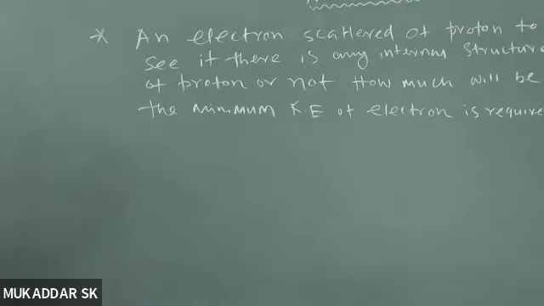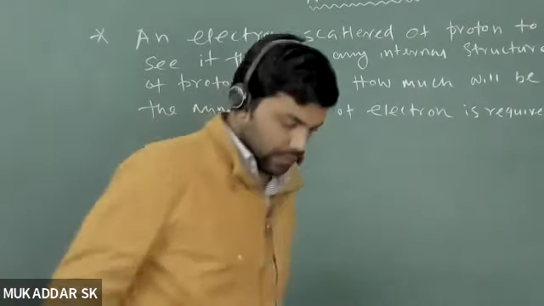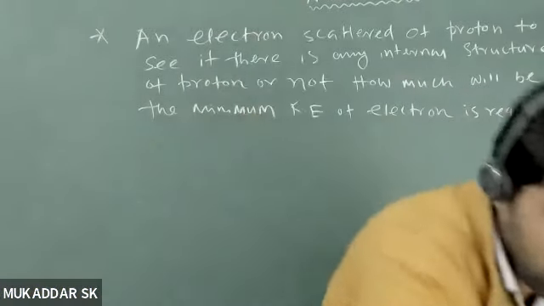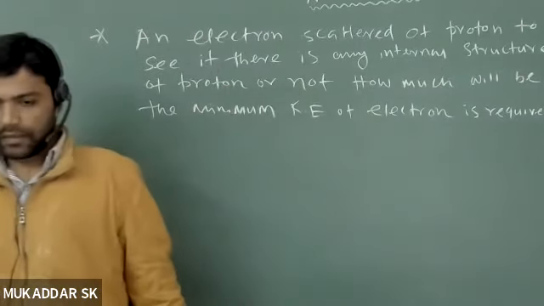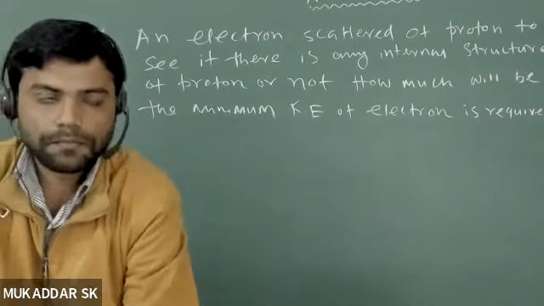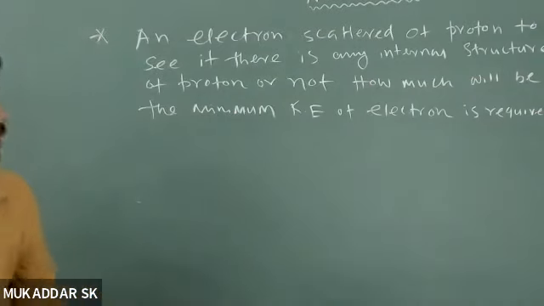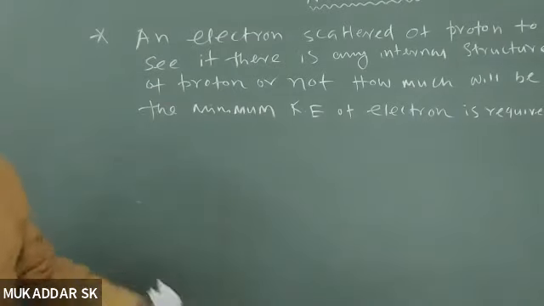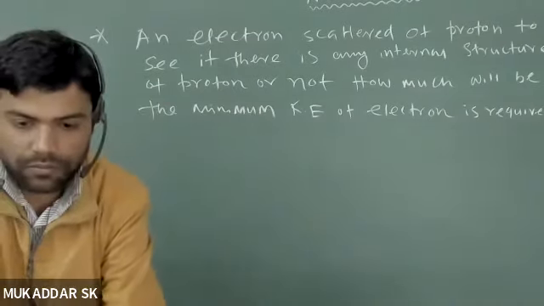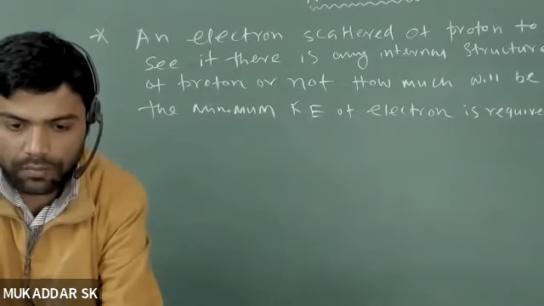Okay, so what is the question? Question is, you are using electron as a probe to see that internal structure of proton. You are using electron as a probe to see if there is any internal structure of proton or not. तो आपको प्रोटॉन का इंटरनल स्ट्रक्चर देखने के लिए इलेक्ट्रॉन का वेवलेंथ कितना होना चाहिए, आप बताओ, मिनिमम वेवलेंथ कितना होना चाहिए?